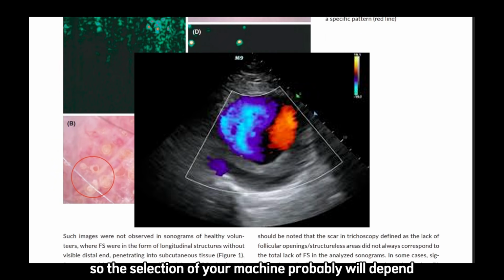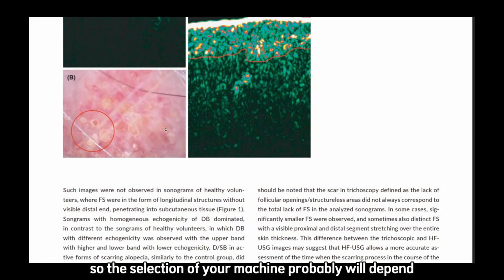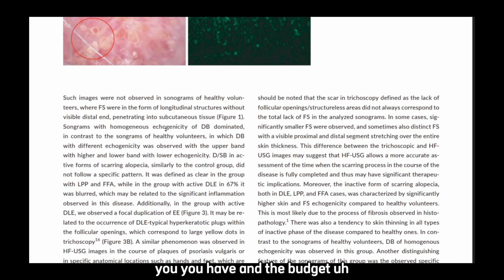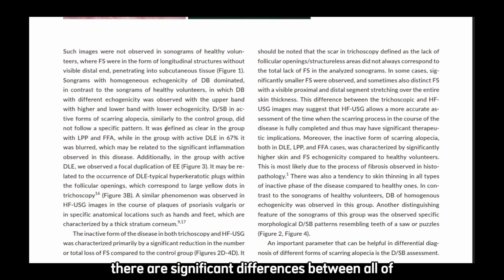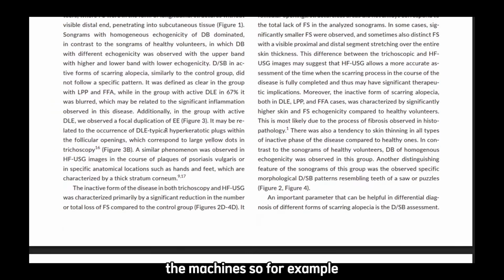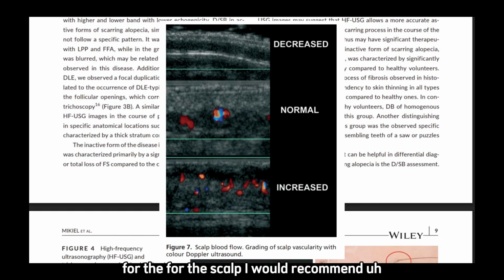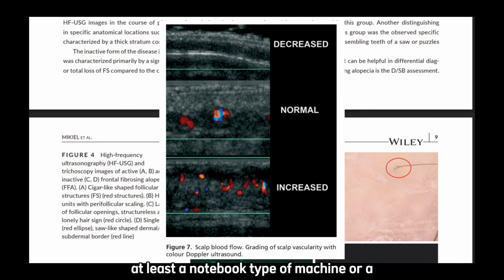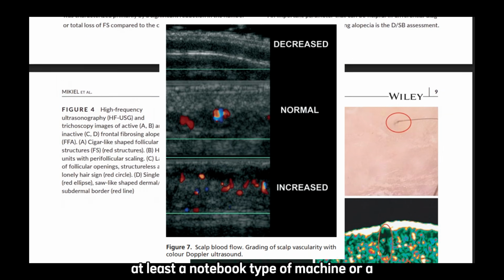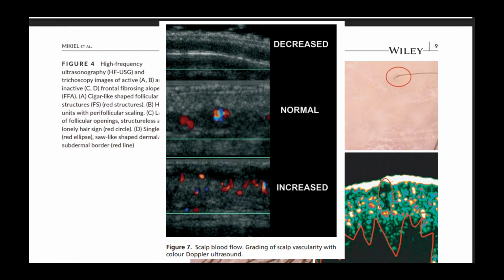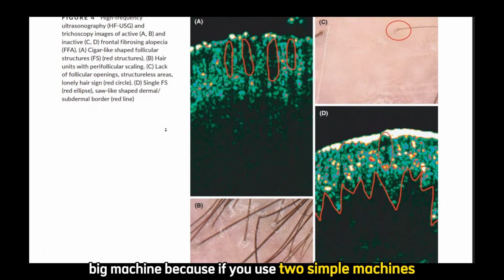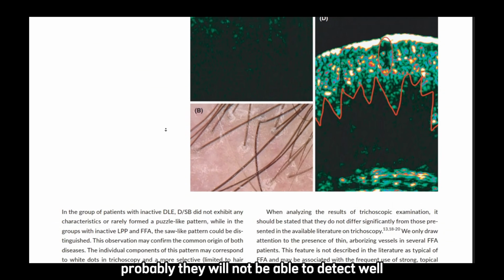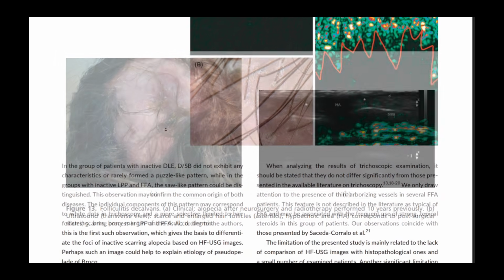So the selection of your machine will depend on the type of practice that you have and the budget, because there are significant differences between the machines. For example, for the scalp, I would recommend at least a notebook type of machine, or a big machine, because if you use too simple a machine, probably it will not be able to detect the hair follicles well.